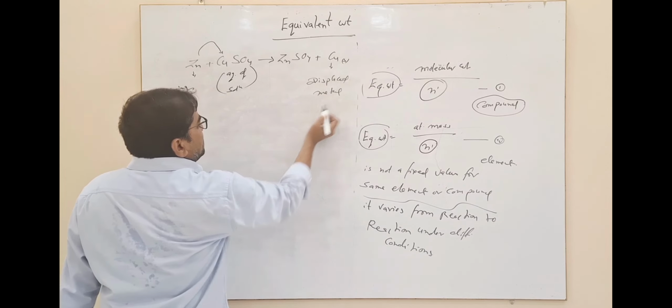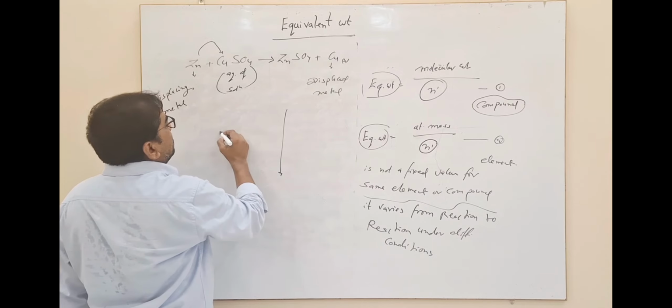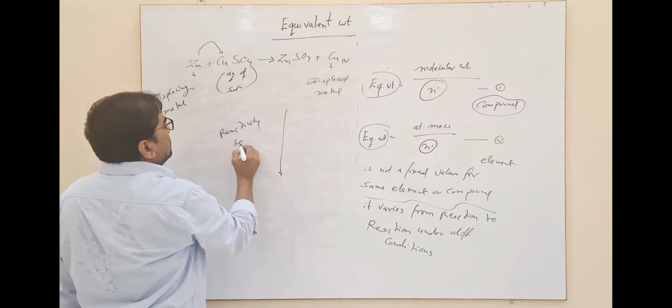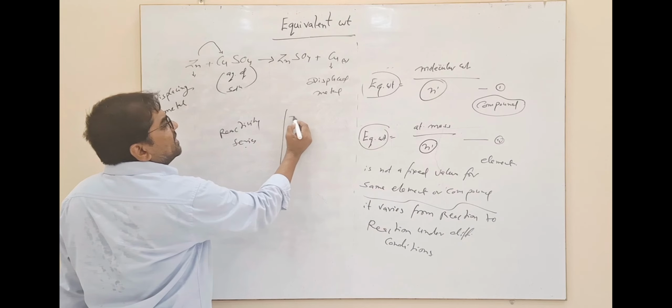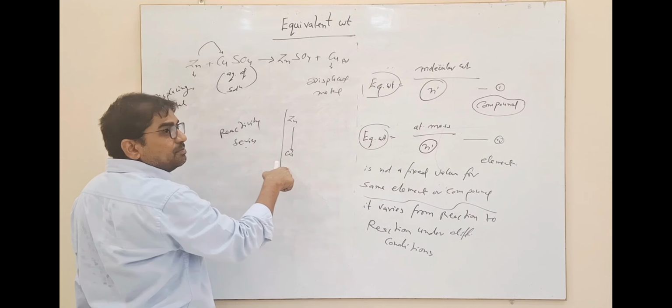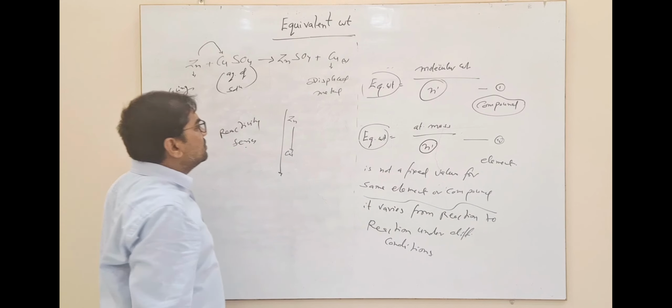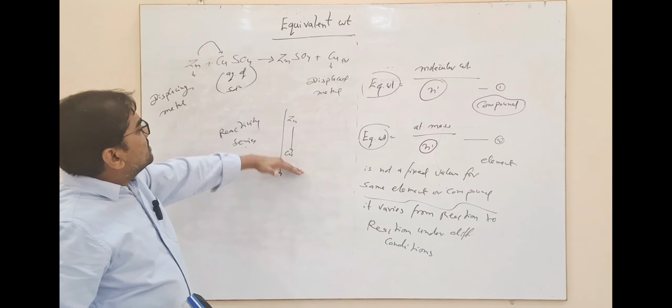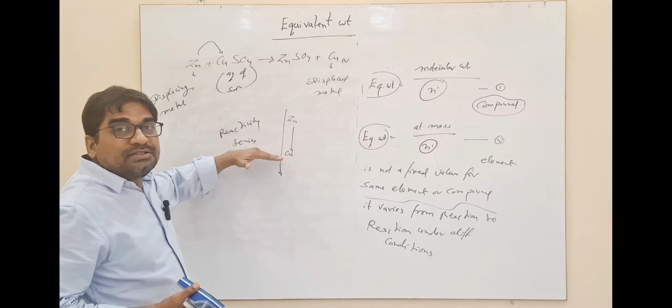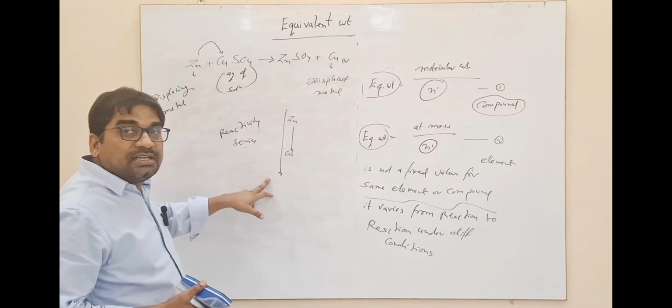In the reactivity series, the metals that are present above can displace the metals placed below from their salt solution, because the metals placed above are more reactive as compared to the metals placed below in the reactivity series.